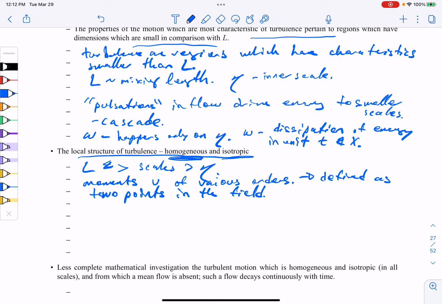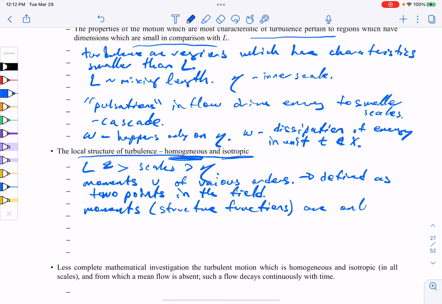And if your flow's homogeneous and isotropic, then say the moments of velocity, or they call them structure functions, are only functions of, say, r, which is the distance between 2 points.